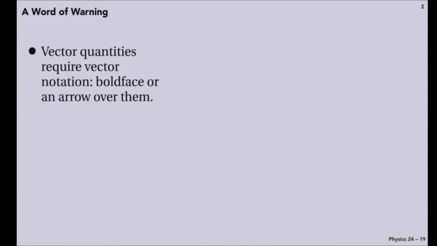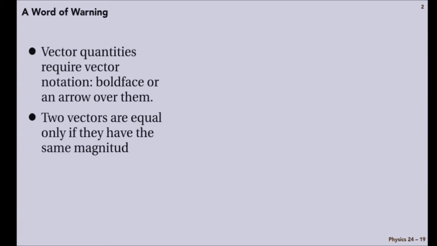But I wanted to offer a word of warning. Vector quantities require vector notation. This is still an important warning. So on the board, I'm going to use arrows over them, but in most printed work, boldface.